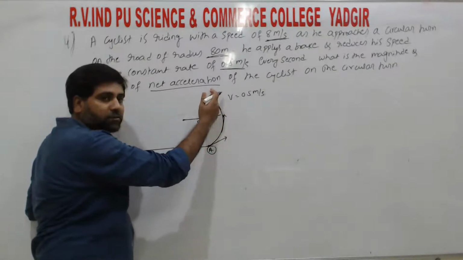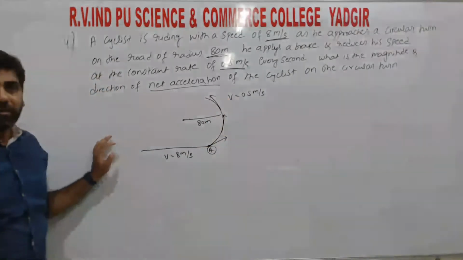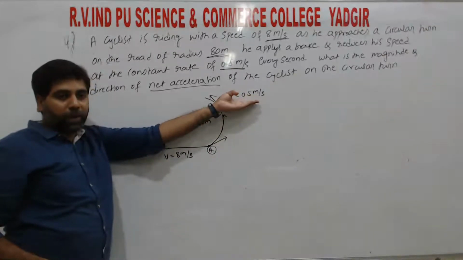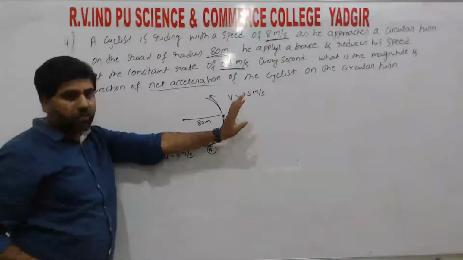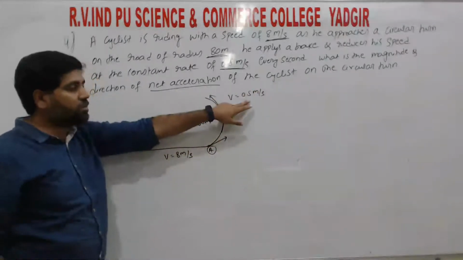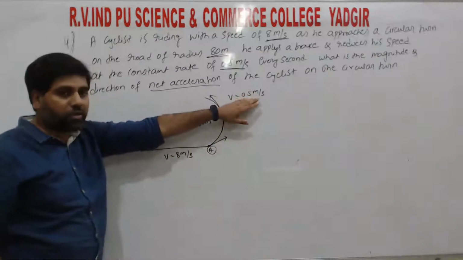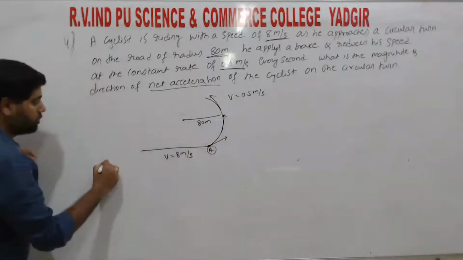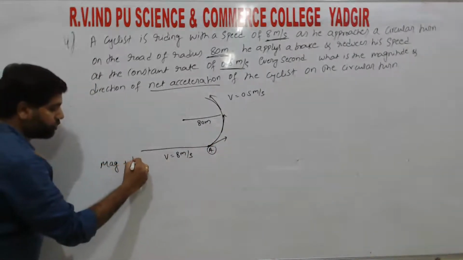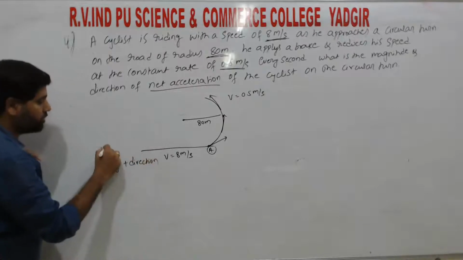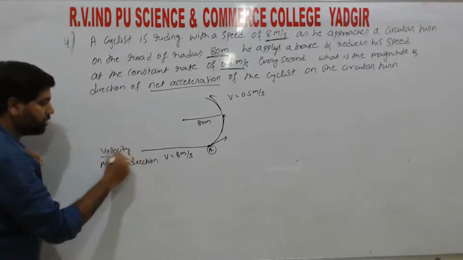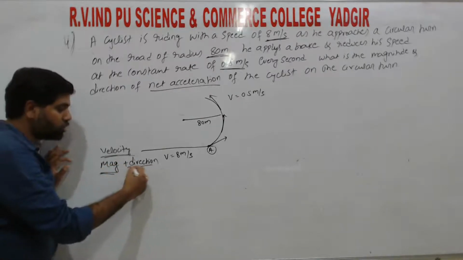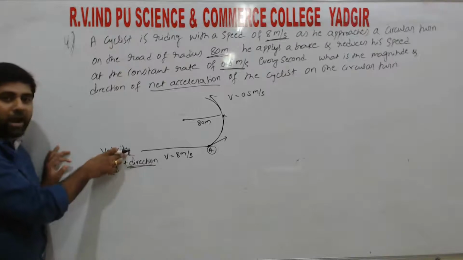As the direction changes, the velocity is changing, but it has a constant speed. The difference between speed and velocity: speed is only the magnitude, which can be constant. Velocity is the vector, it has magnitude and also direction, so even if the direction changes, the velocity changes. So we have two types of velocity.